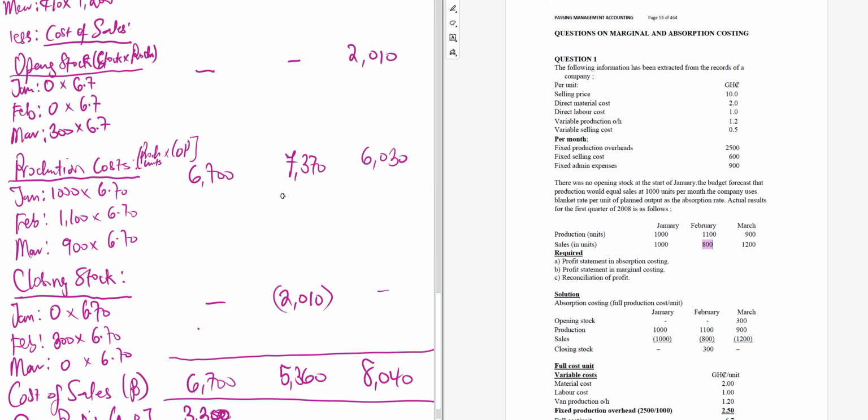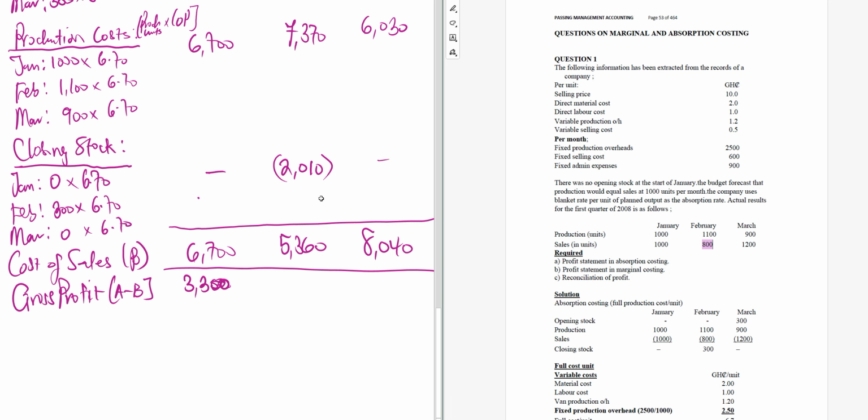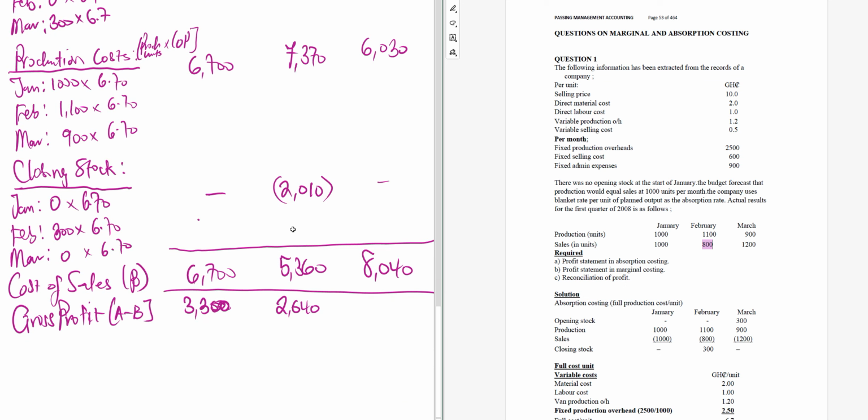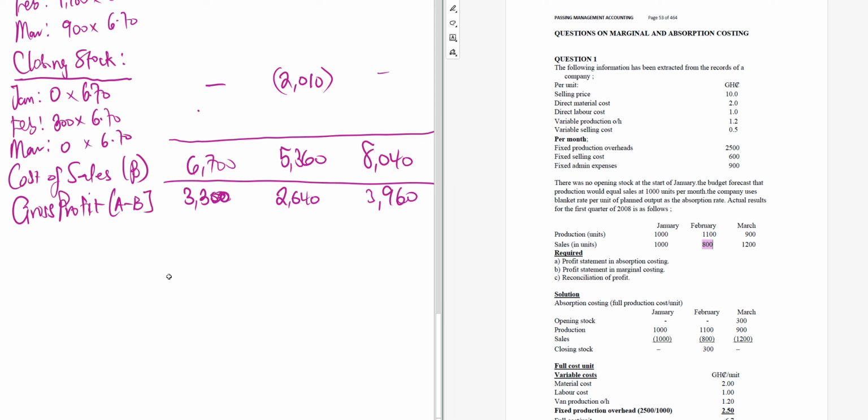Then I come to 8,000 minus 5,360, and I end up with 2,640. Then 12,000 minus 8,040 is 3,960. Okay, so now that we have gross profit, we need other expenses.